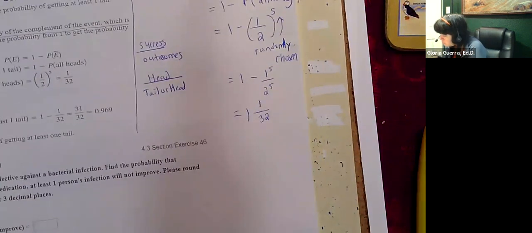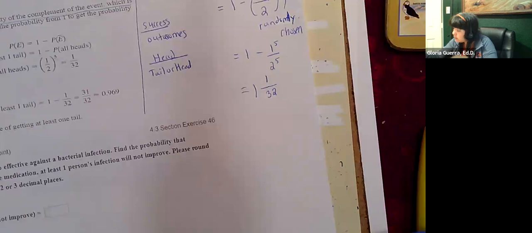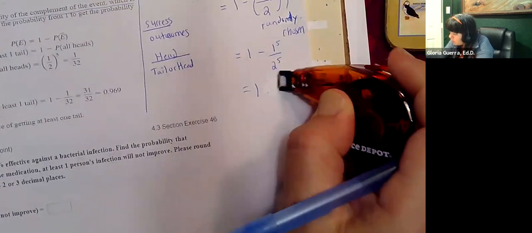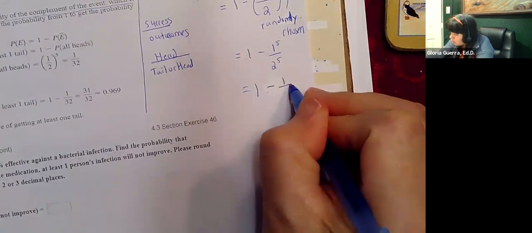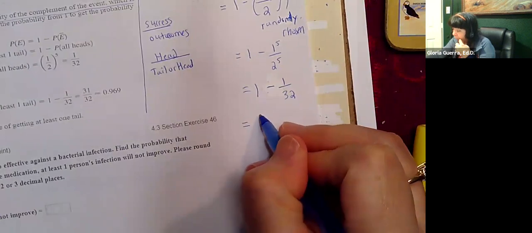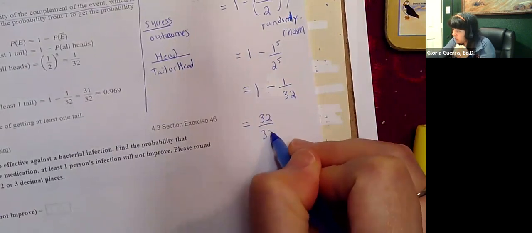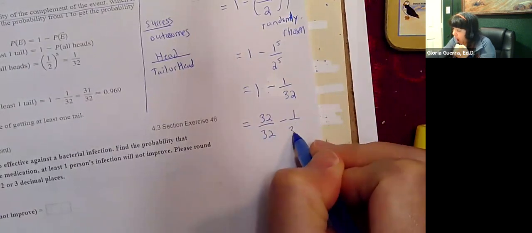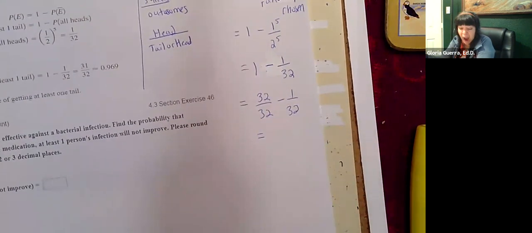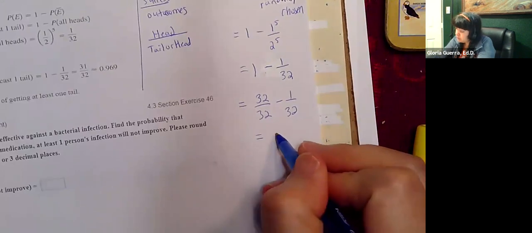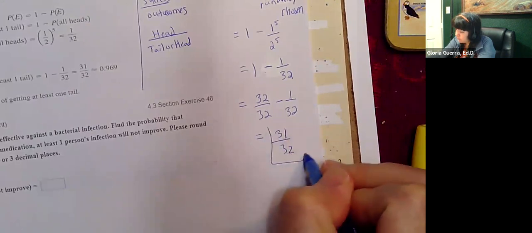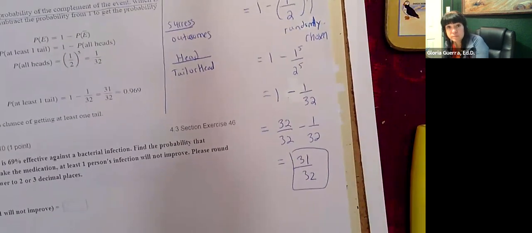Oh, and it's 1 minus 1 over 32. And this is 32 over 32, minus 1 over 32. And 32 minus 1 is 31 over 32. And that can be reduced. That's lowest terms already.